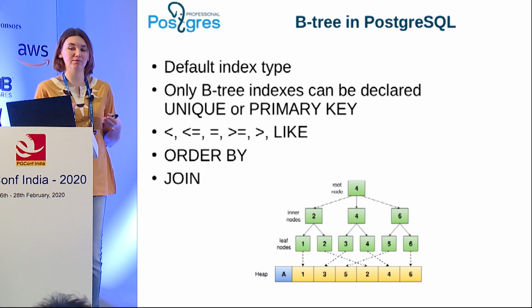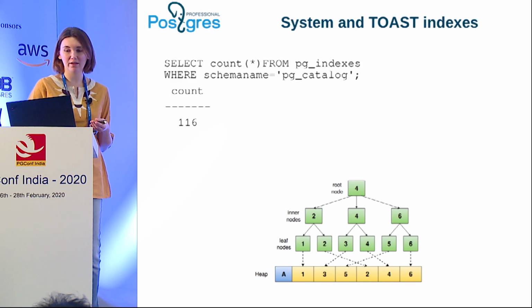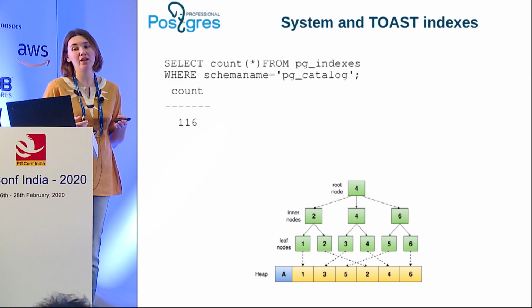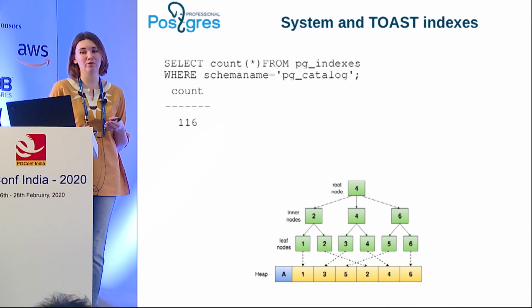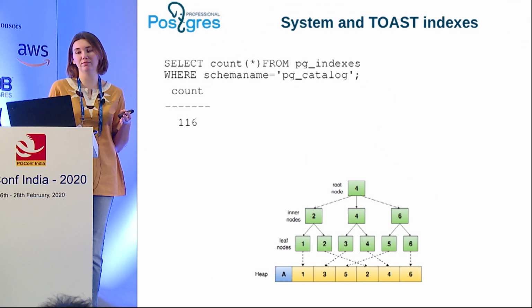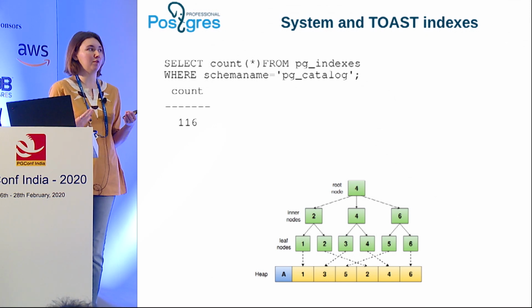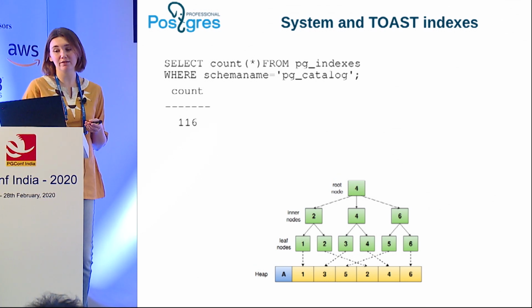So this is core functionality of the database engine, which makes B-tree a very important component. As the default index type, B-tree is used to support system indexes and TOAST indexes. Even in an absolutely new empty database, you already have more than 100 B-tree indexes, which support the Postgres catalog.